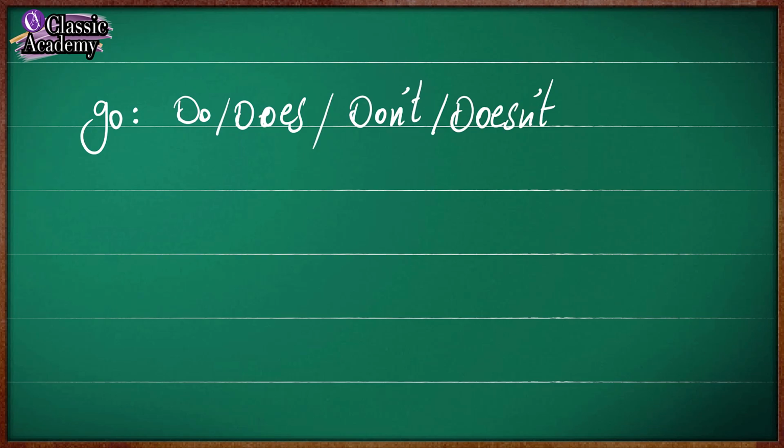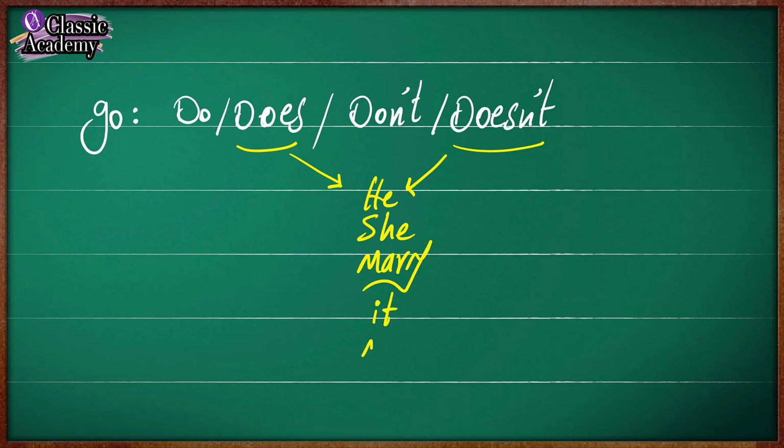When we have does, doesn't, we are talking about he, she, Mary, it, my cat, and different things. When we have don't or we have do, the subjects are different.